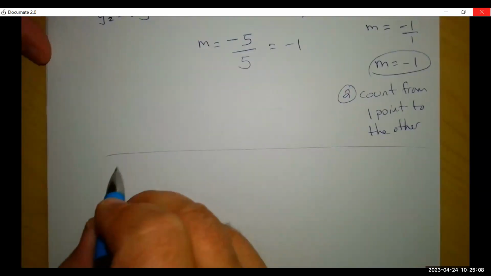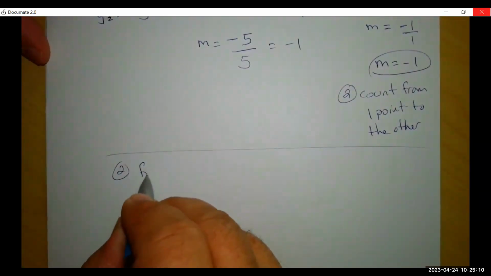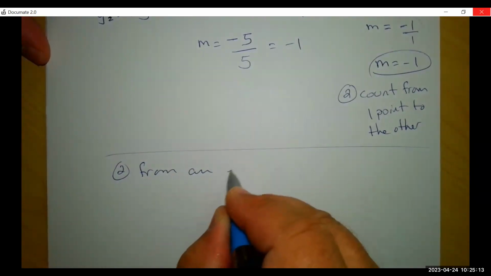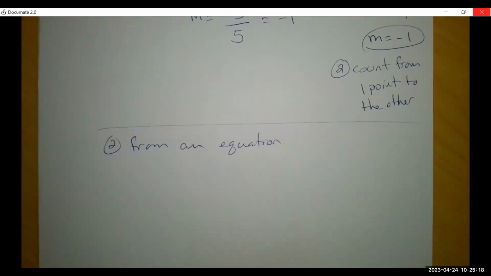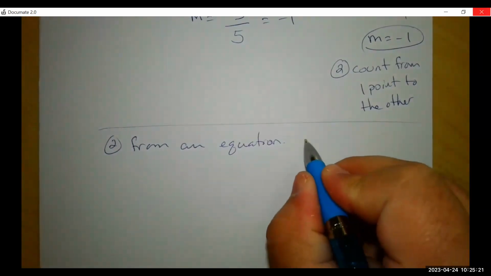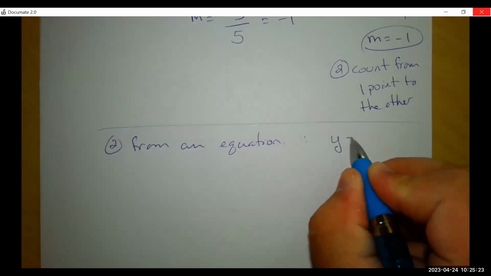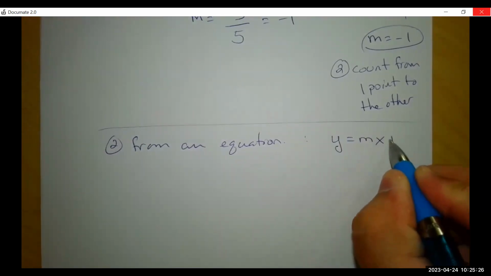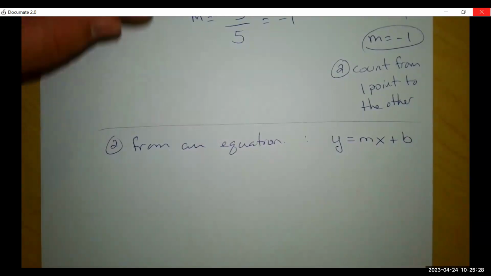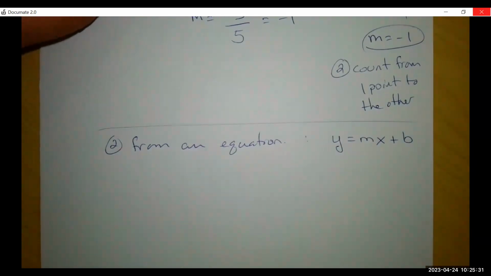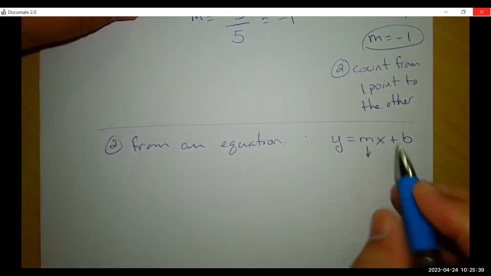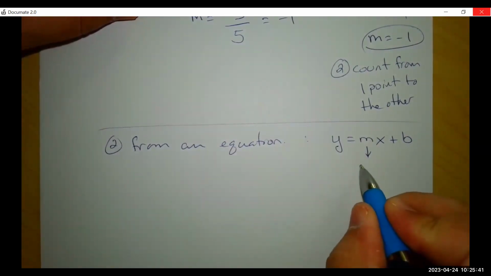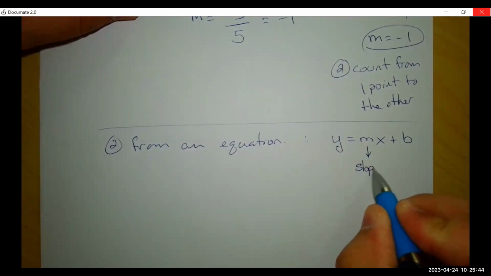Now the second way, from an equation. The equation we're going to look at looks like this. Y equals mx plus b. M represents what? Slope.